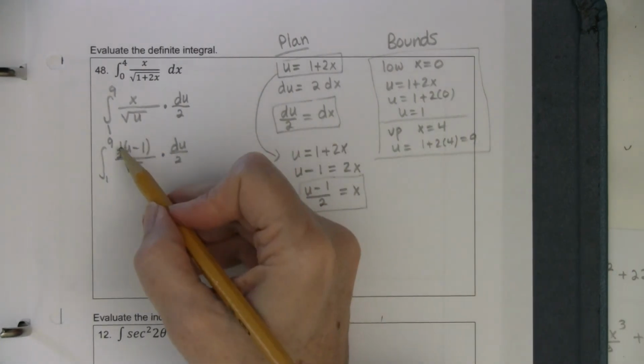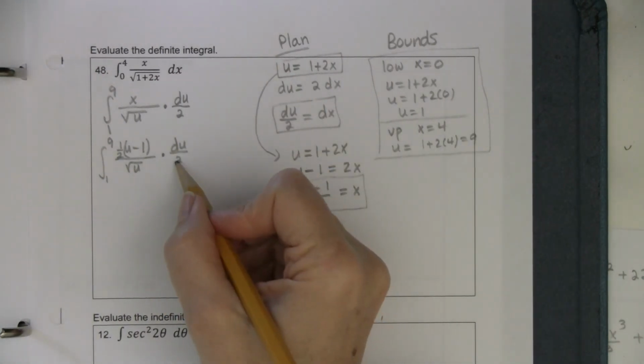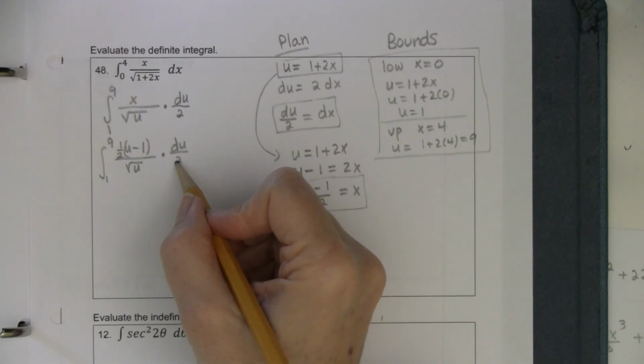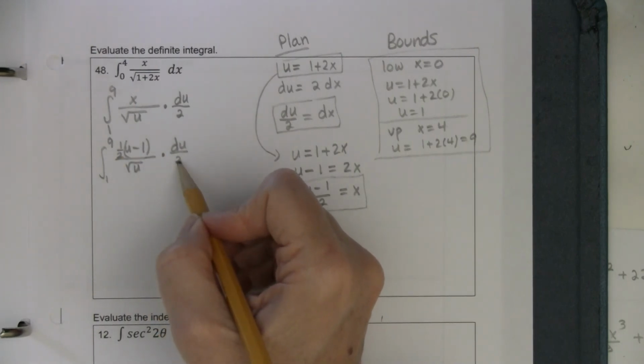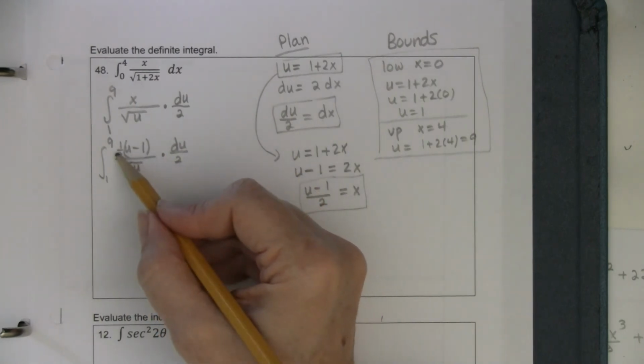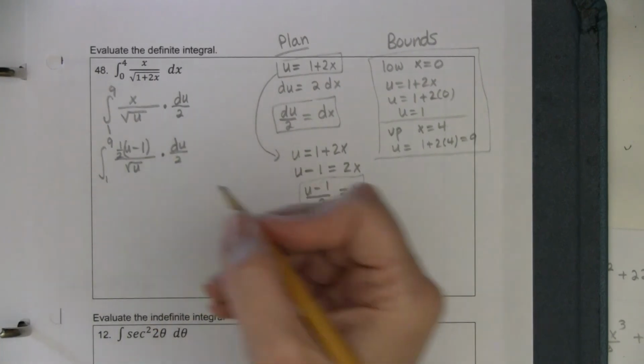And this 1/2 and this 2, people tell me all the time, hey, those cancel out. But you have to remember this is half as well. And so it's 1 over 2, right? So really this 1/2 and that 2, really it's 1/2 times 1/2. That's 1/4 is what that is. And I'm going to put that in the front.